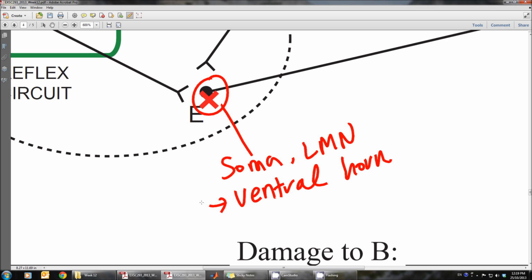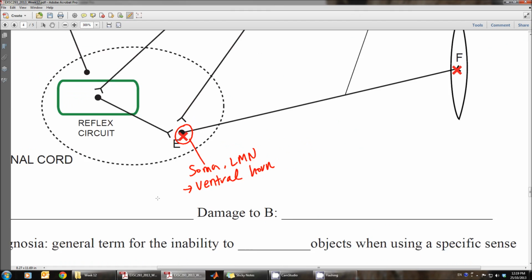And in the movement disorder seminar, the topics that involved damage to anterior horn cells, or the soma of the lower motor neurons, were poliomyelitis, post-polio syndrome, and spinal muscular atrophies. So let's write those down here.